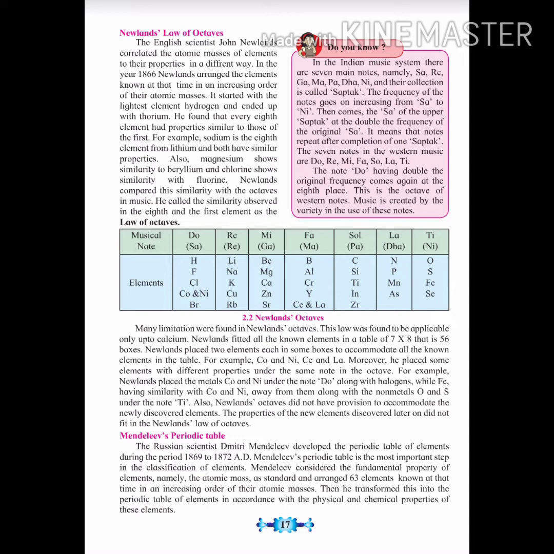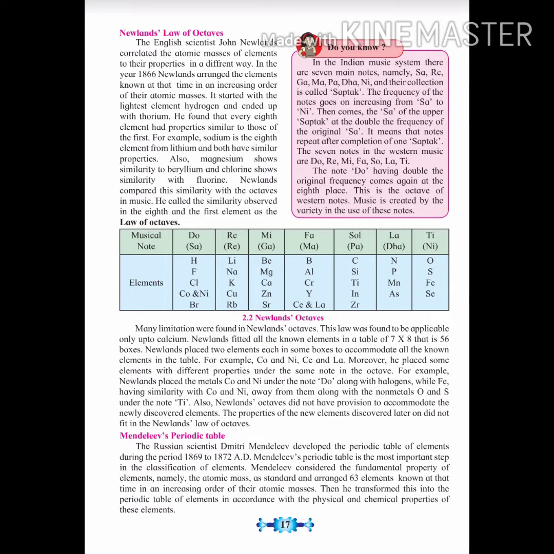His classification was also in increasing order of atomic mass. As he was arranging the elements, he found that the first element showed similarity, in chemical and physical properties, to the eighth element, and so on.